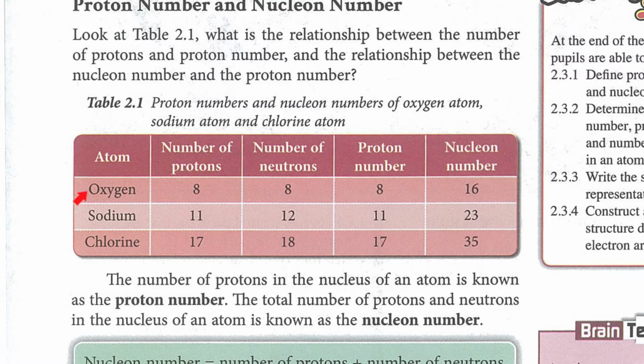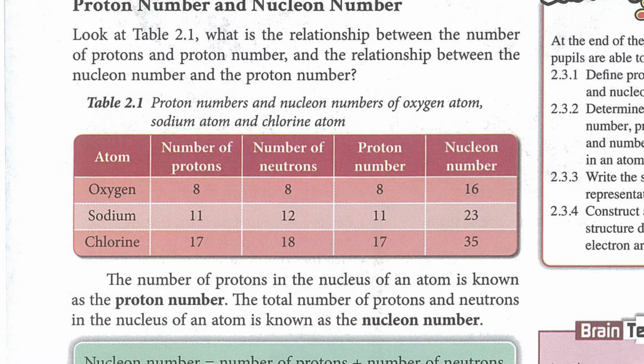Okay, we take oxygen as an example. Look at oxygen here. The number of protons of oxygen is 8. So if the number of protons is 8, the proton number is also 8. Look at sodium here. The number of protons for sodium is 11. So the proton number is also 11.